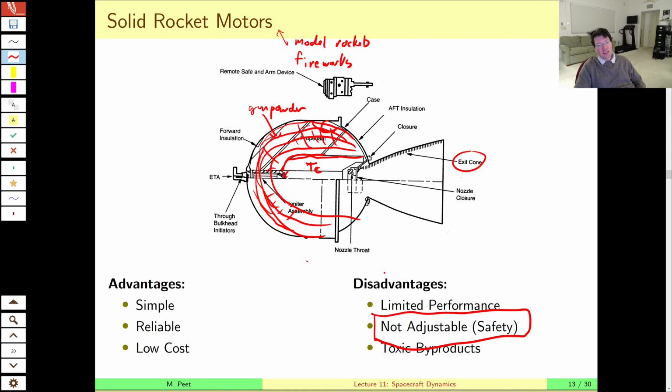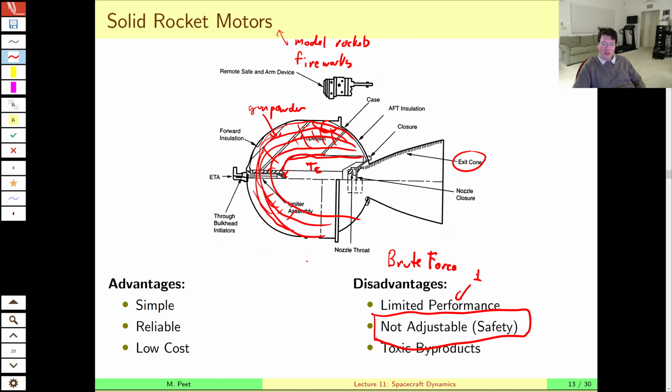You never use these things except in the case of brute force, to get off the launch pad. If you're going to need to make fine adjustments to throttle your thrust or whatever, you don't use solid rockets. Another disadvantage of solid rockets is, of course, the performance.